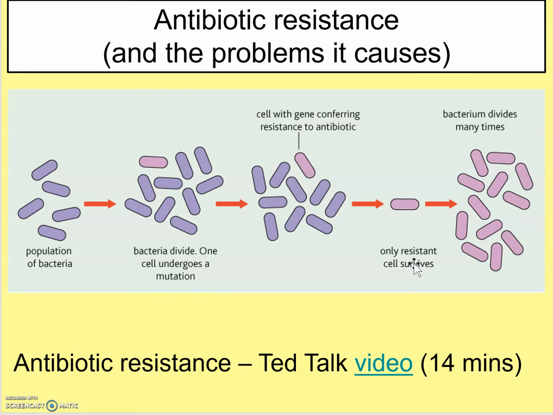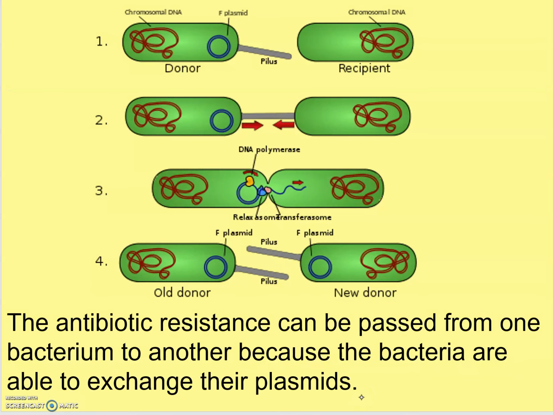We then talked about antibiotic resistance, and if you remember, we had a look at this TED Talk video that was very good. You can watch that again just by clicking the link to talk about antibiotic resistance. We then had a look at the methods that bacteria are able to use to confer antibiotic resistance to other bacteria.